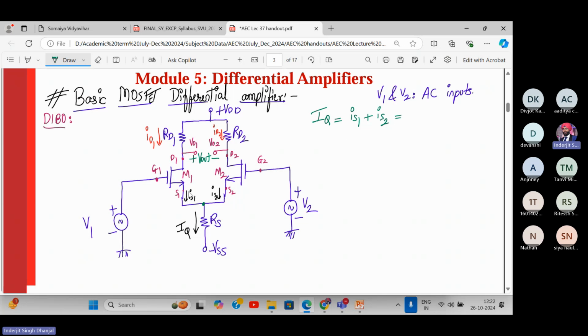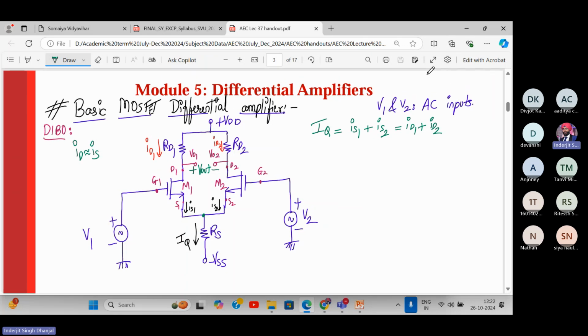Source current flowing through the source terminal 1 of the M1 transistor, which is normally the same as ID. So can we write IQ is ID1 plus ID2? Yes or no? Okay, so you have understood this step number 1.